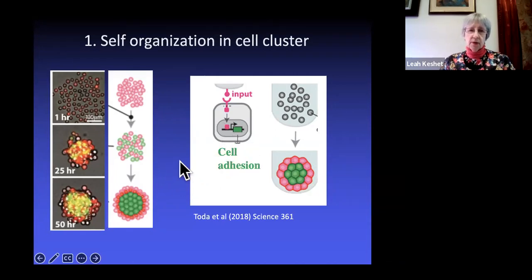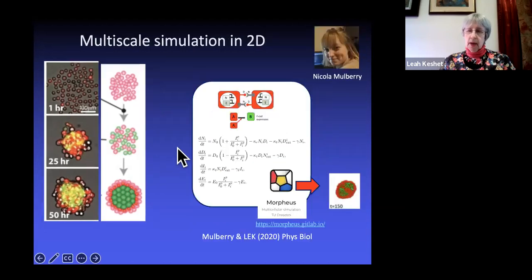And they showed that they could get those cells to form clusters that were self-organized. One of my students who took a course from me at the time took their genetic circuit that they had engineered and figured out how to model it.